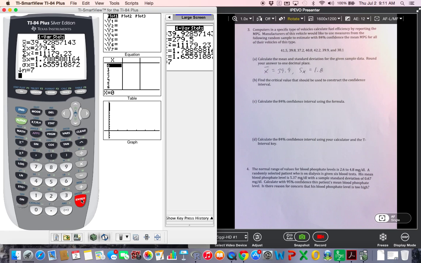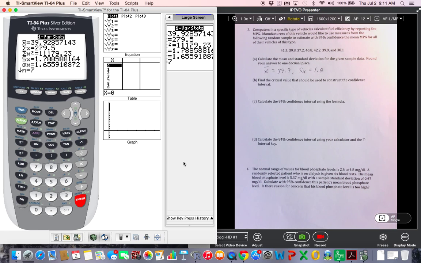Now, let me tell you what a lot of students do. They'll look at their calculator, see sigma x, and think, well, my population standard deviation isn't known. If you can justify, based on the context of this problem, that this manufacturer would only be able to calculate 7 measurements at most, then you might make an argument to use sigma, but long story short, we never use that.